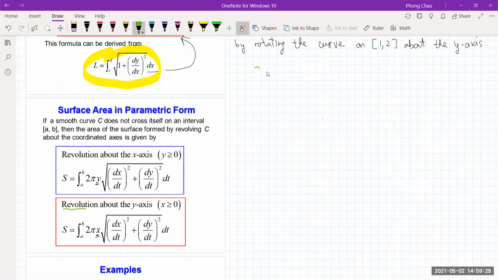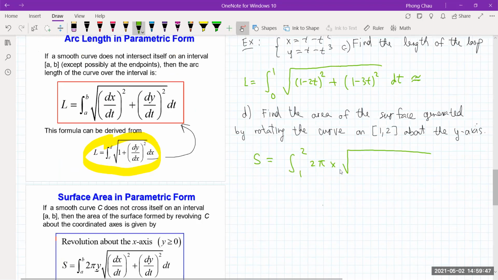So the surface area formula is the integral from t equals 1 to 2 of 2 pi x times the square root of, again, the same as the one up here, (1 minus 2t) squared plus (1 minus 3t) squared dt.